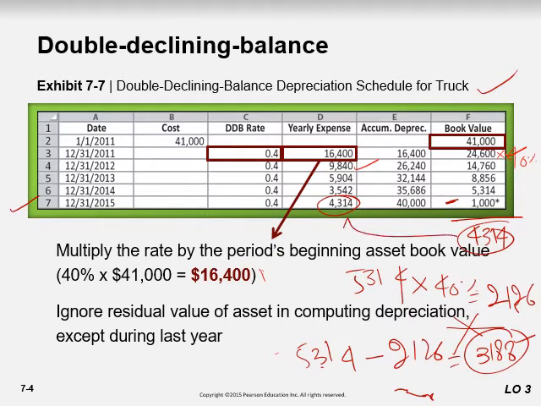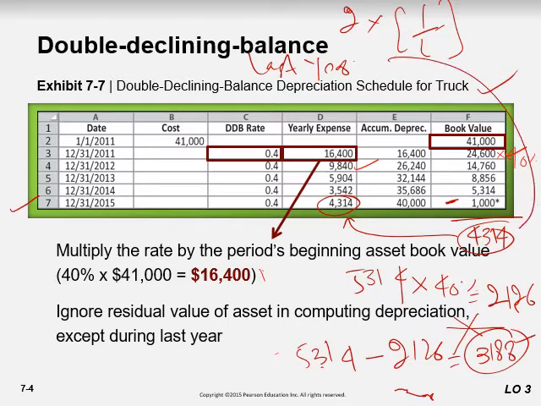So this will go to yearly expense. So remember, the trick of calculating the double declining depreciation method, number one is it is 2 times the percentage of straight line method, plus the last year depreciation is calculated as second last year book value minus the salvage value.